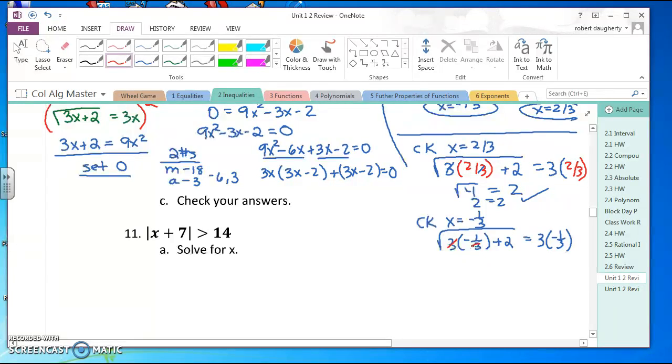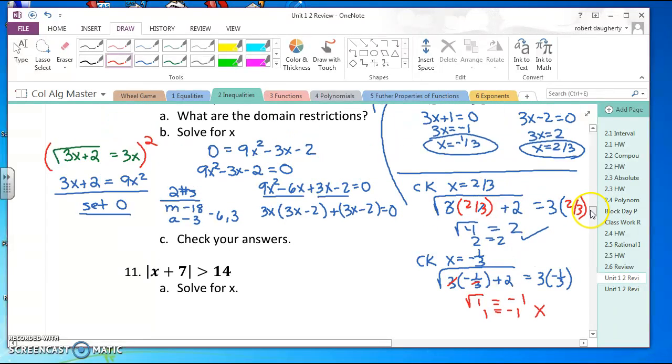This is 2 minus 1, that's 1. So the square root of 1 equals negative 1, 1 equals negative 1. This does not work. So that's not a solution. And so in this case, my only solution is x equals 2/3.